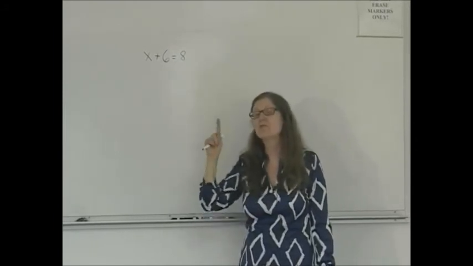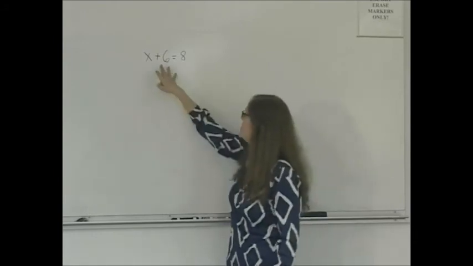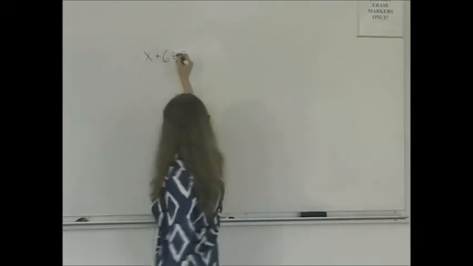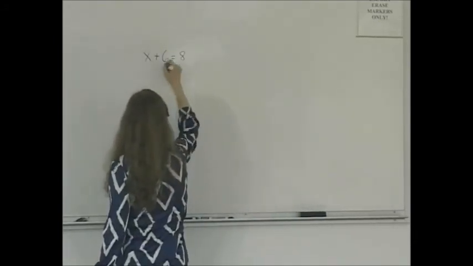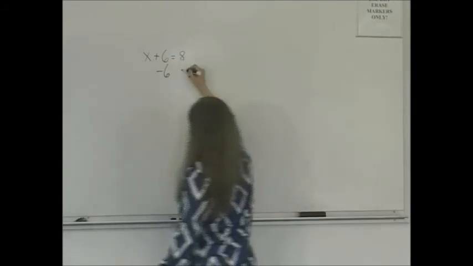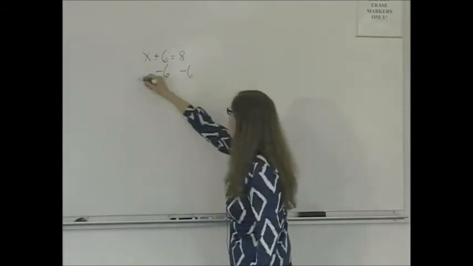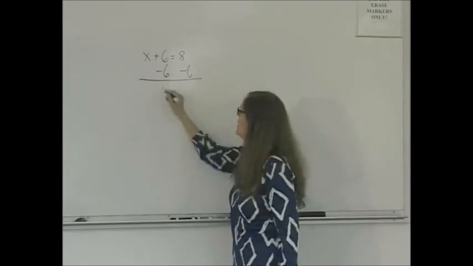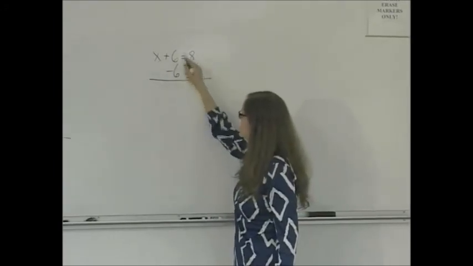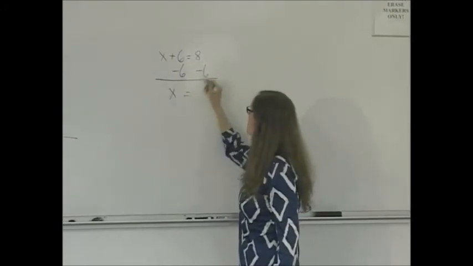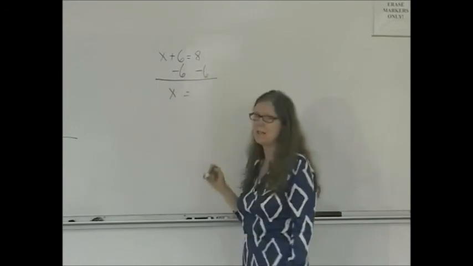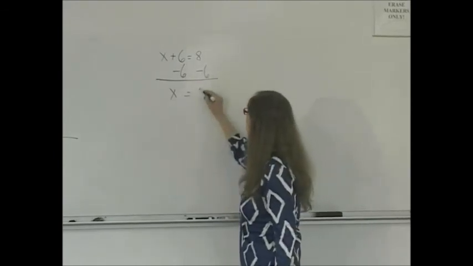But if I subtract 6 from this side of the equation, then I would subtract 6 from the other side of the equation, and x plus 6 minus 6 is x. 8 minus 6 is 2.